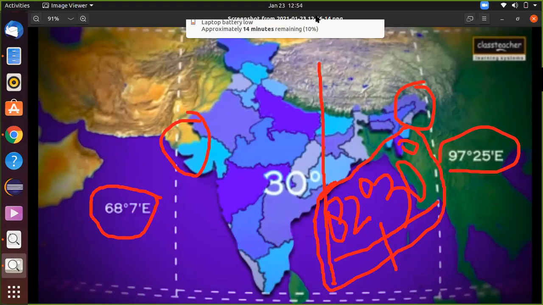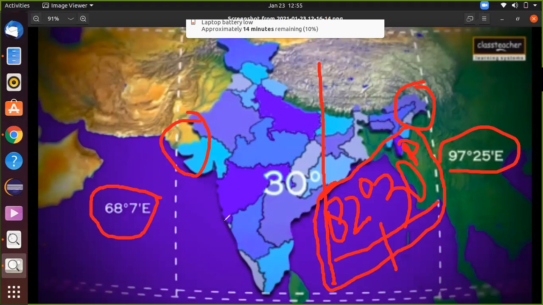Sorry, as I was discussing longitudes, Greenwich Mean Time is at 0 degree longitudes, not latitudes. That was my mistake. So India is 82 degrees 30 minutes away from Greenwich Mean Time.